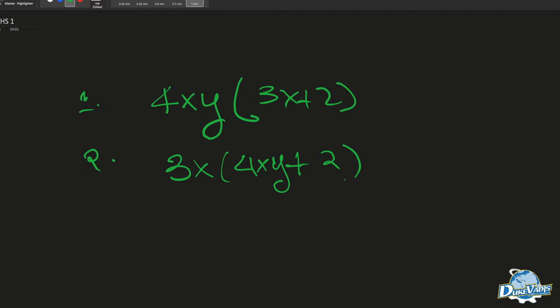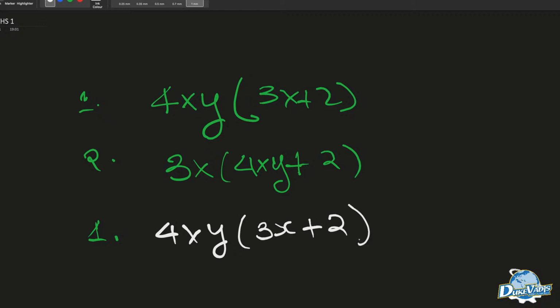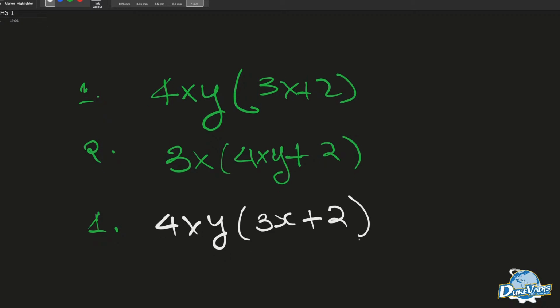So, let's tackle the first one. It says 4xy into bracket 3x plus 2. So what do we do?